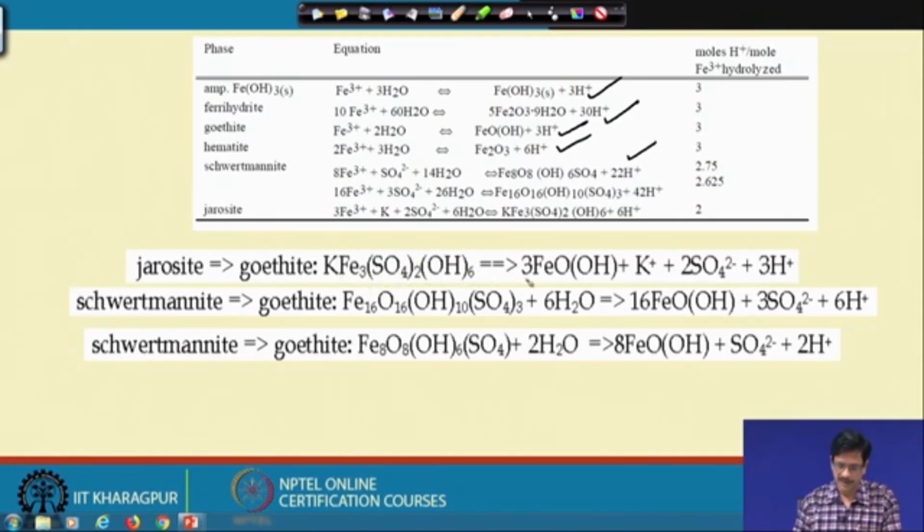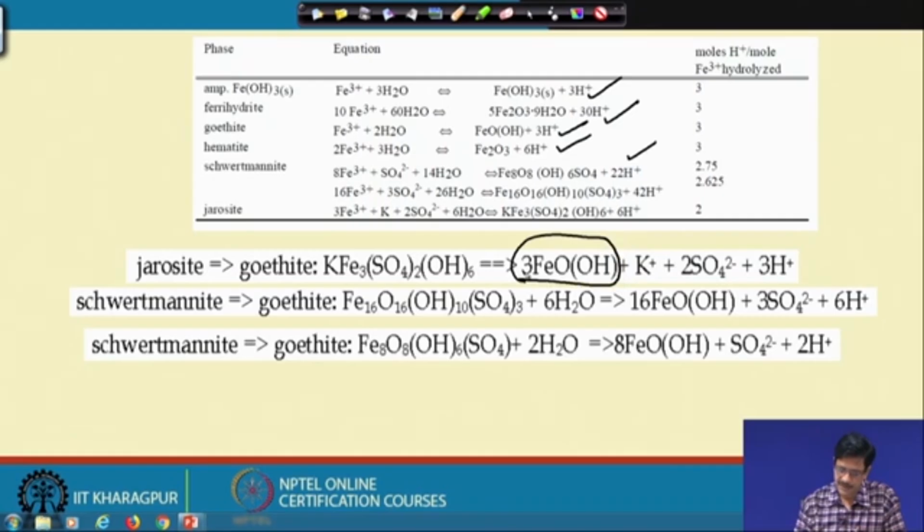So, jarosite forming, as you have seen before in the diagram, with increasing pH, jarosite gets converted to ferrihydrite. So, this jarosite, with increase in the pH, is getting converted to goethite.